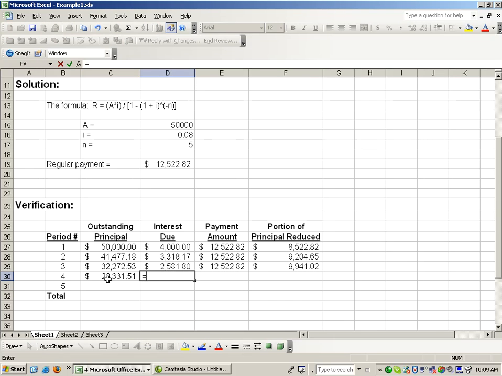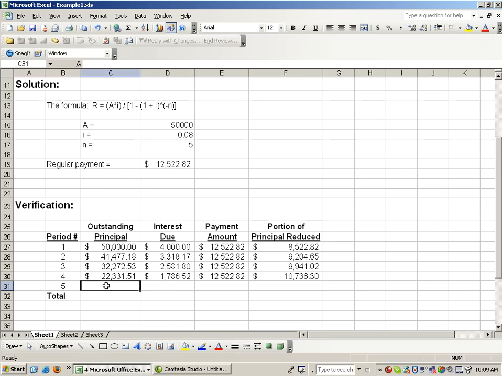Okay. Calculate interest on that. There's our regular payment. And the principal. Wow. Okay. So last line.